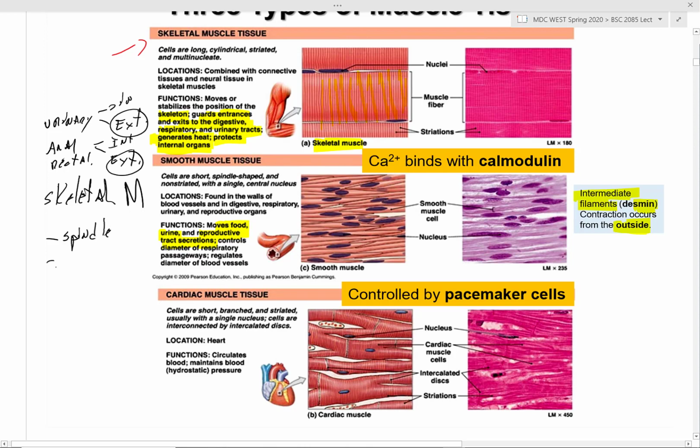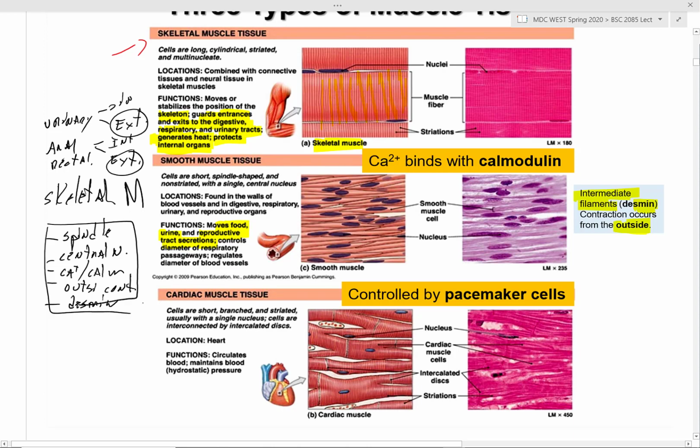What else? Central nucleus. What else? The calcium binding to calmodulin. And that the contraction takes place from the outside. And if you see the word desmin, you know where that is from, right? That's all I want you guys to remember.